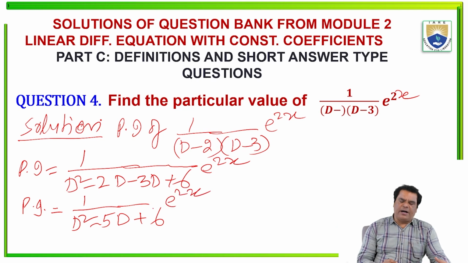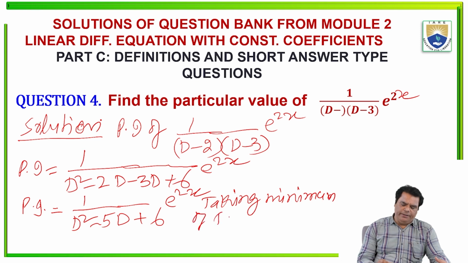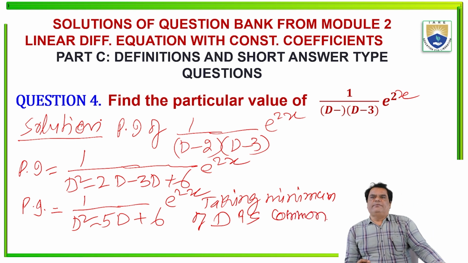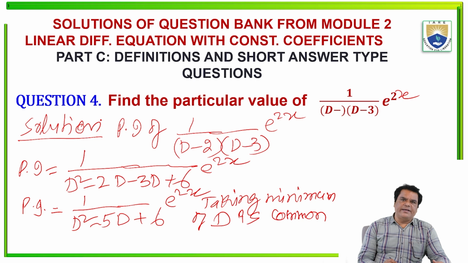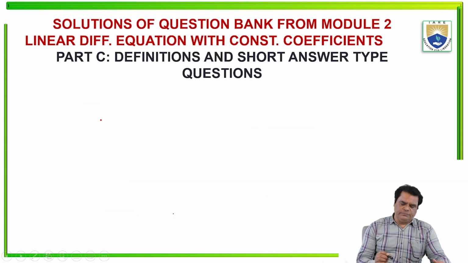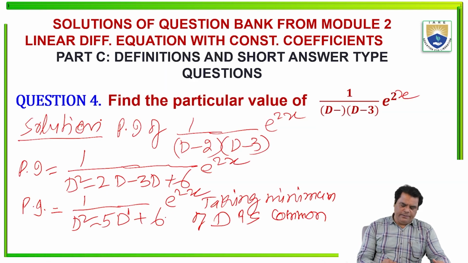Now taking the minimum power of D common. The minimum power is here D to the power 0, so 6 is taken common.